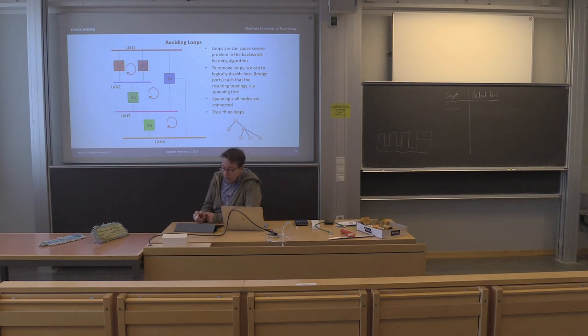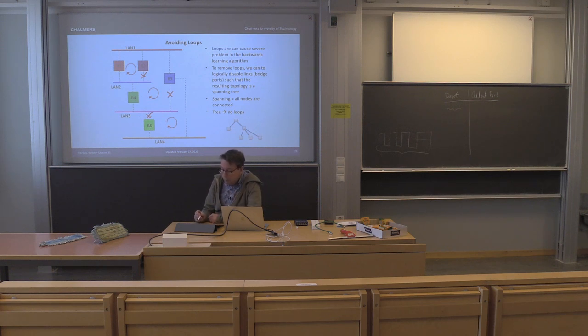And what we can do is to remove these loops by logically disabling some of these links. So if I go in and I say, okay, we're not going to use that link, for instance, then I've broken up this loop. Or I say, okay, we're not going to use this one, and then I've broken up another loop and so forth. So what we can do is try somehow to figure out which of these connections we should disable, and then we can convert this topology into a tree, which is good, right?